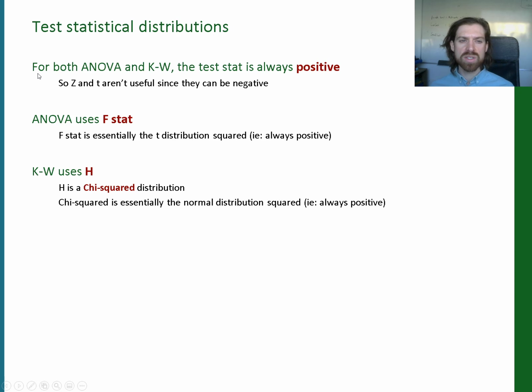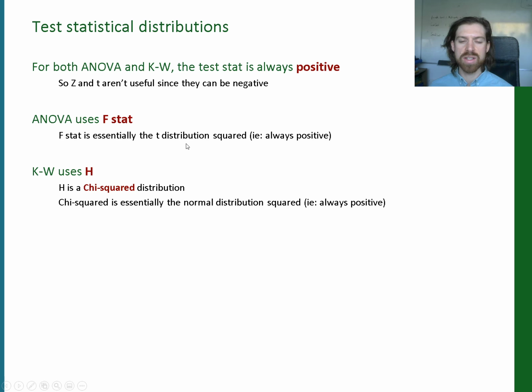So for these statistical distributions, both ANOVA and the Kruskal-Wallis test, the test statistic is always positive, so we can't use the Z or the T distributions because they can be negative, okay? You have a mean of 0 and the values can be either positive or negative, so we need to take a different approach. Essentially in ANOVA we use the F statistic.